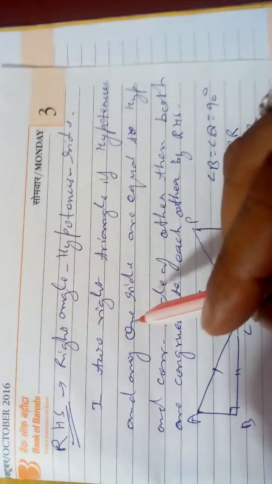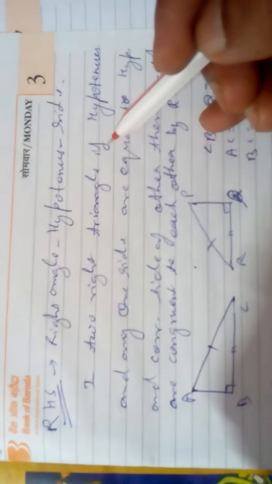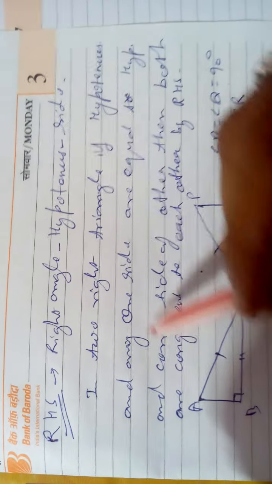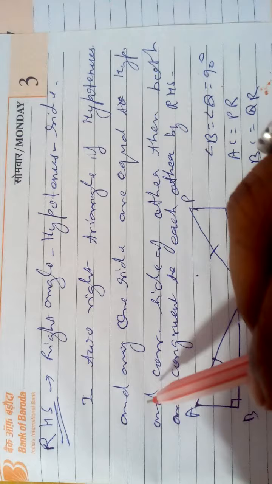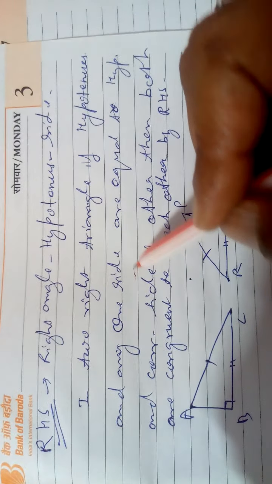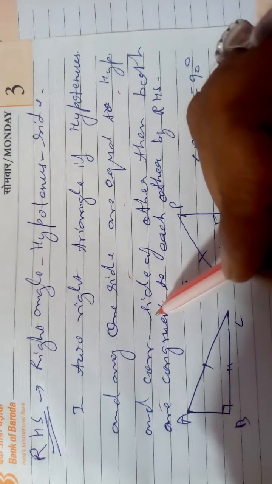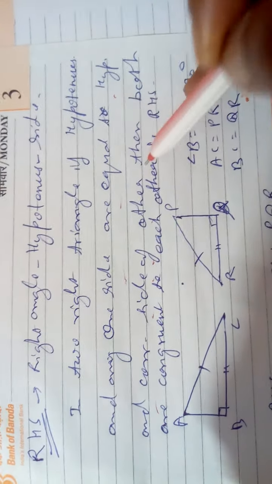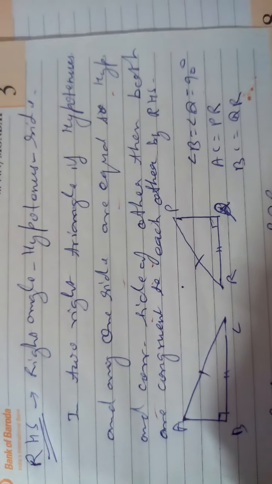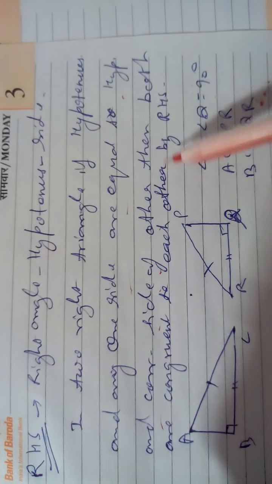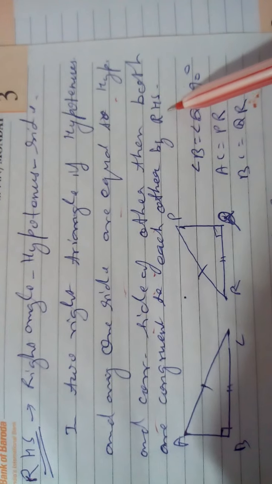Last is RHS, right angle hypotenuse side. In any two right triangles, if the hypotenuse and any one side of the first are equal to the hypotenuse and corresponding side of the other, the hypotenuse is only one, always fixed, opposite the 90 degree angle, then both are congruent to each other.